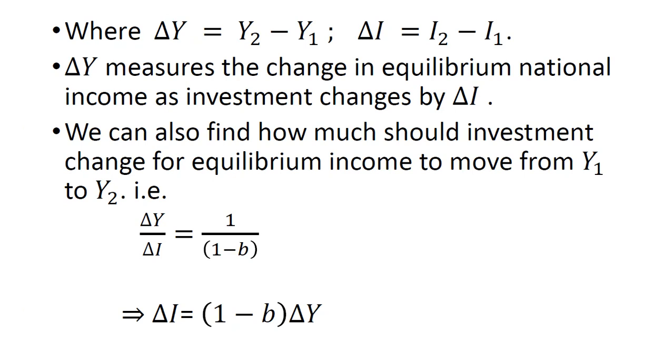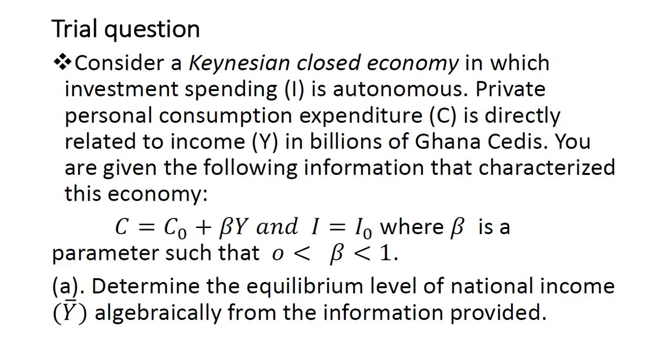So let's say you are at the equilibrium level of income Y1 and you are moving to equilibrium level of income Y2. The difference between them, Y2 minus Y1, is the change in Y, or delta Y. So when we solve it this way, that is the result we will get.